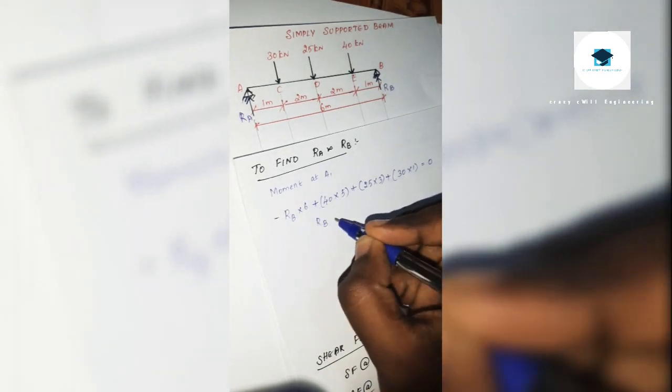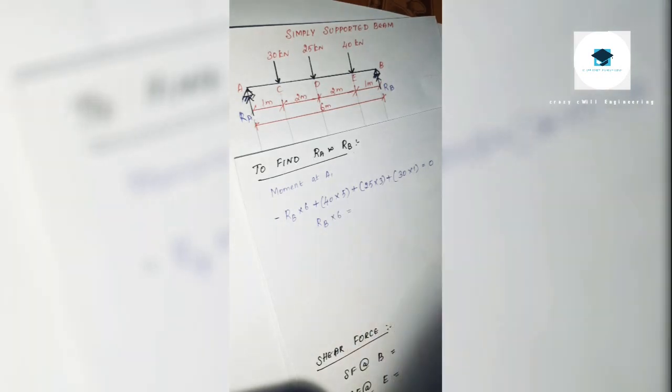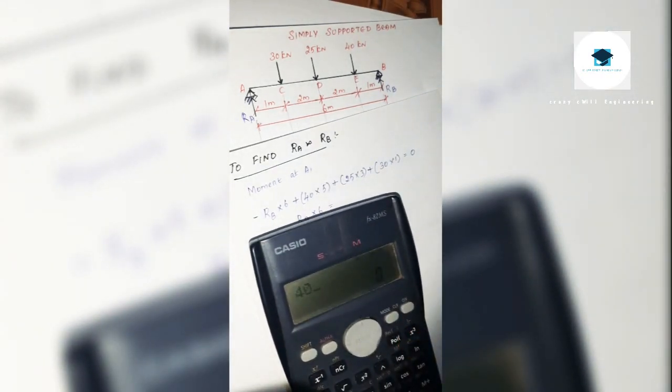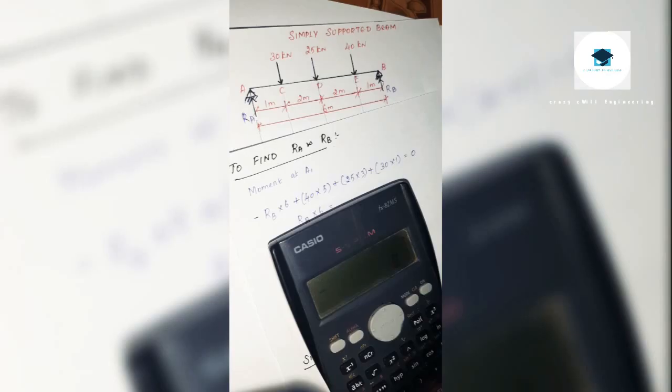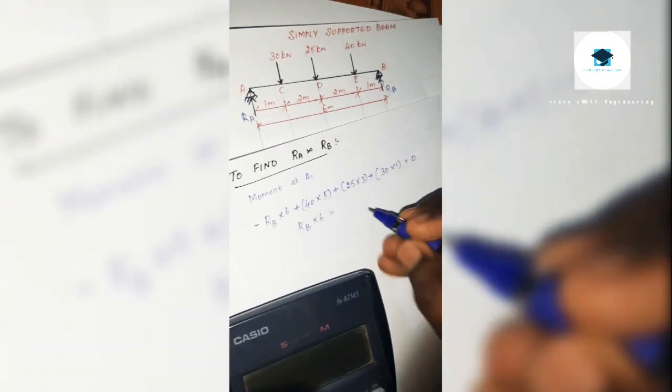To find RB into 6, multiplying all the terms: 40 into 5 plus 25 into 3 plus 30 into 1, divided by 6. 40 into 5 plus 25 into 3 plus 30, the answer is 305.